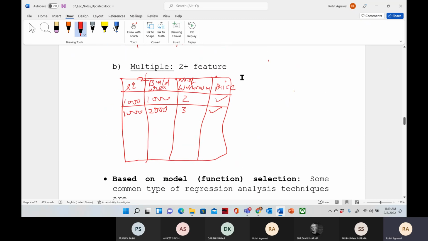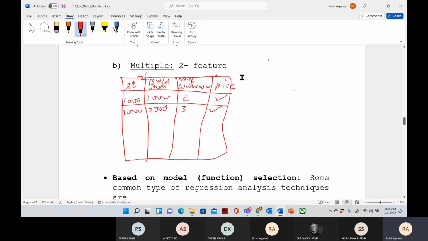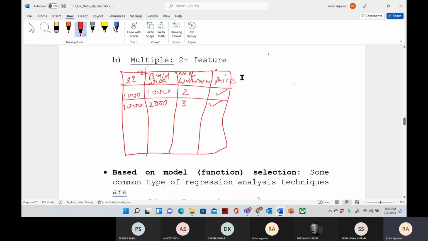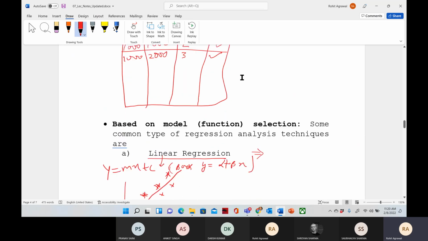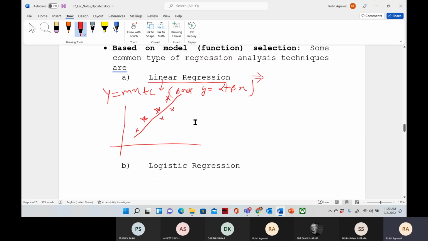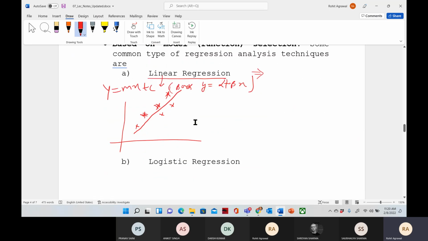Regression. If you are having one feature, it is called simple. If you are having two or more than two features, it is called multi-regression. Okay? Linear regression: if you are assuming that there is a linear relationship between the dependent and the independent variables, it is called linear regression.